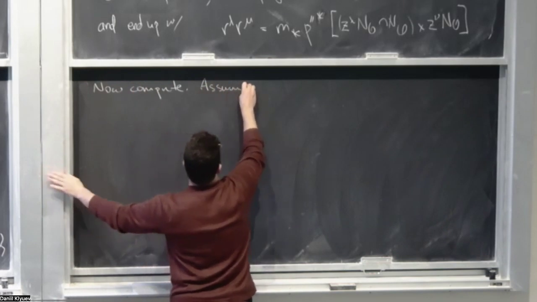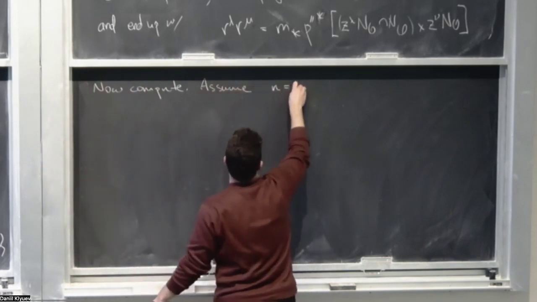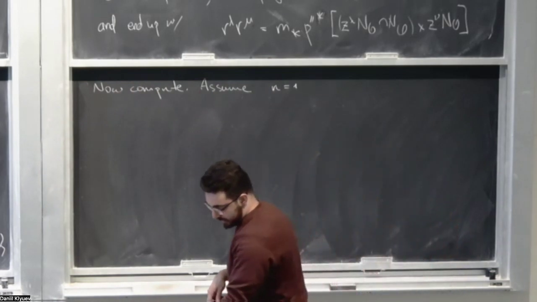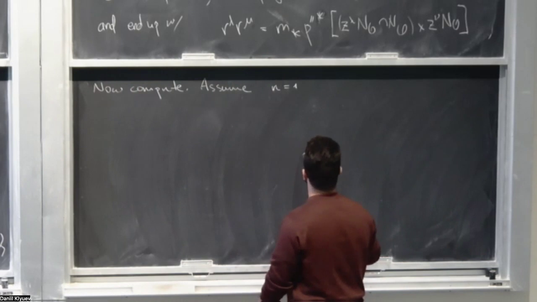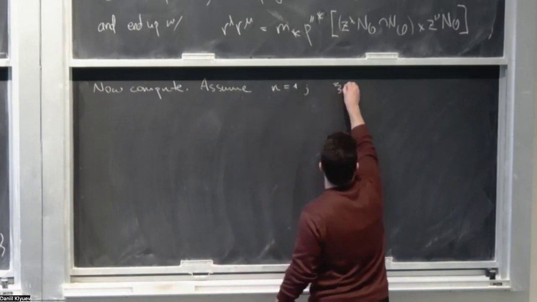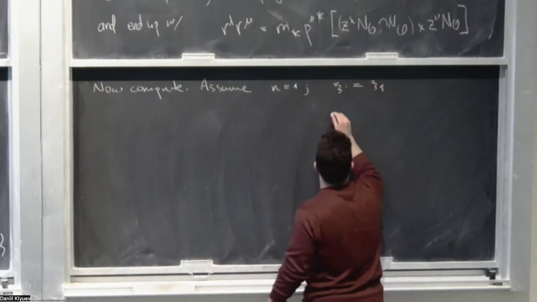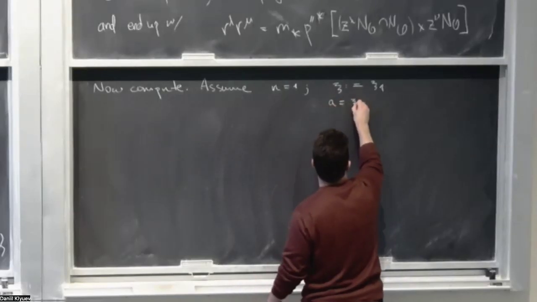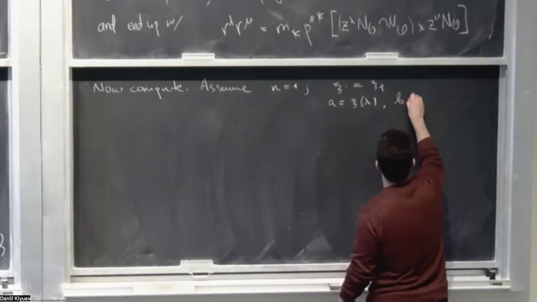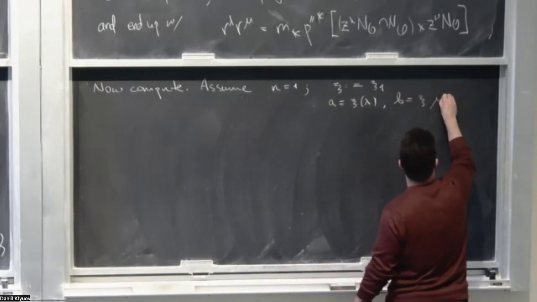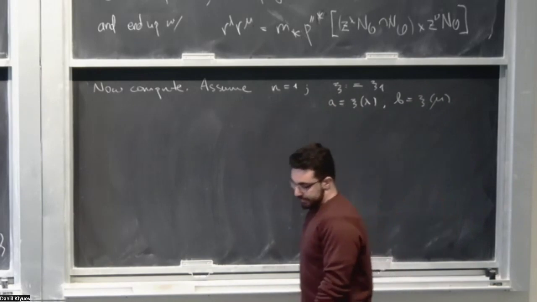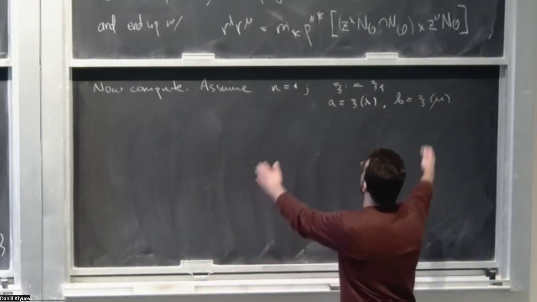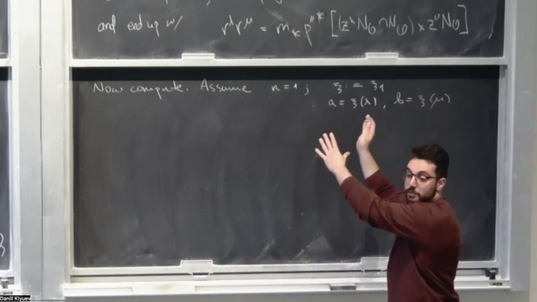We'll follow BFN and assume that n equals 1 to avoid wrist pain. Otherwise, it's all the same. So then there's only one character C, and I want A to be C of lambda and B to be C of mu. So the point is that we have to do some equivariant intersection theory of vector spaces now.